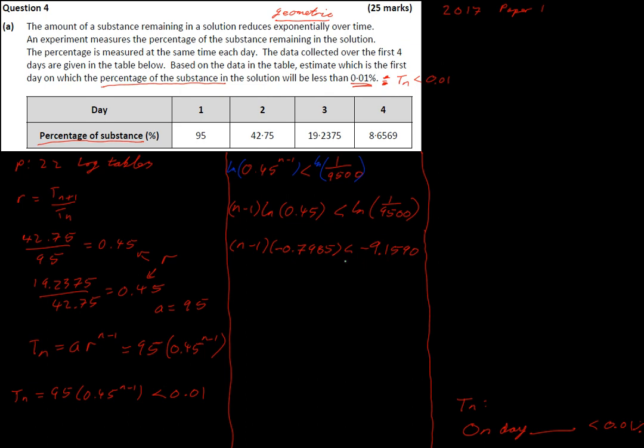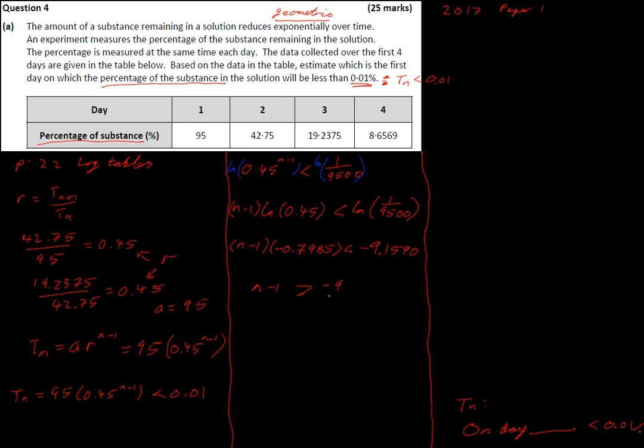I now divide both sides by this. Now I'm dividing by a negative number, which means that this symbol is going to flip. Remember, you're dealing with an inequality, so you're going to end up flipping your symbol here. So we are going to end up with n minus 1 greater than, we divided by a minus number, so we have to change that around.